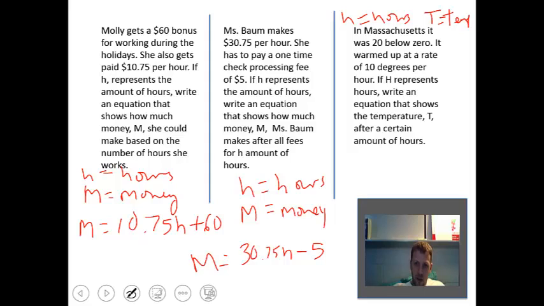Something that happens constantly in the story is that it warmed up at a rate of 10 degrees per hour. So that's 10 degrees per hour. But it started off at 20 below zero. So I'd probably have to put a -20 here because it started off with -20.